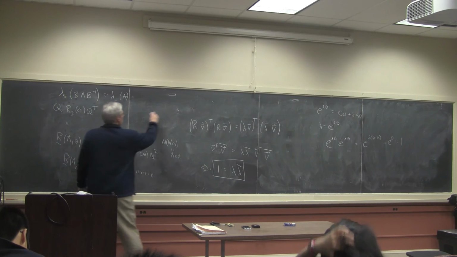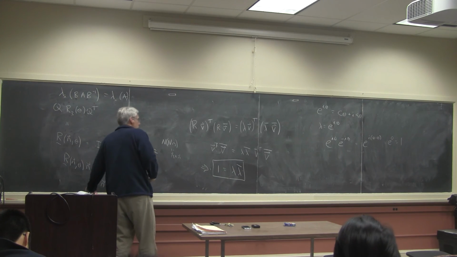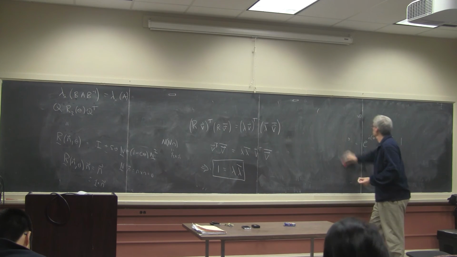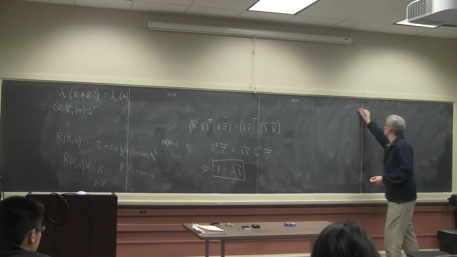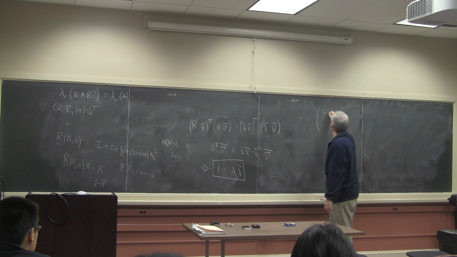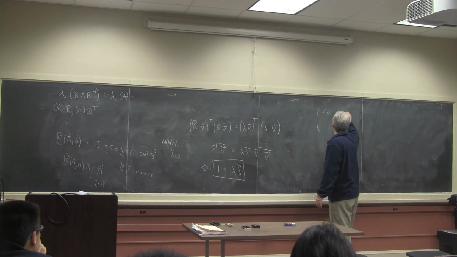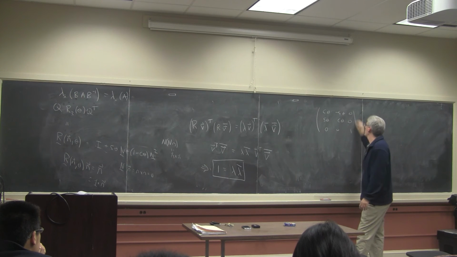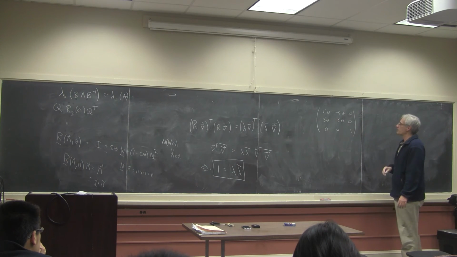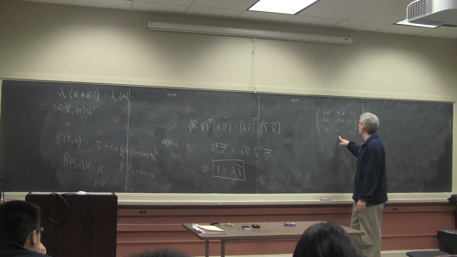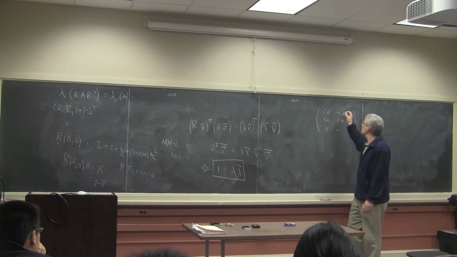Okay, so if I give you the matrix R3 of theta over here: cosine theta, negative sine theta, 0; sine theta, cosine theta, 0; 0, 0, 1. If I ask what the eigenvalues are, we can go through and calculate the characteristic equation.